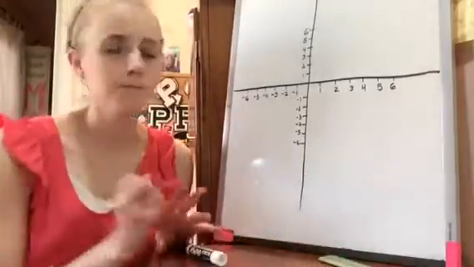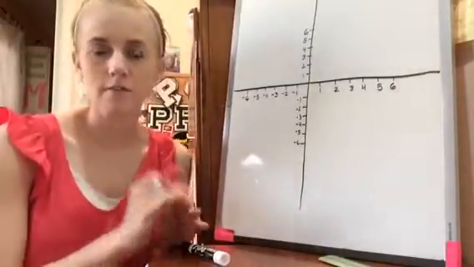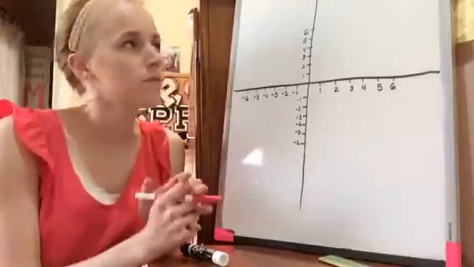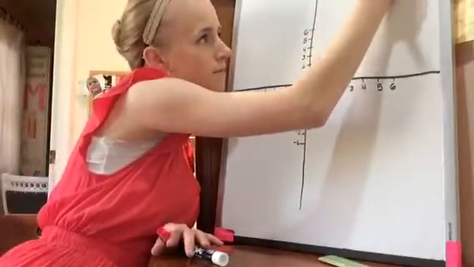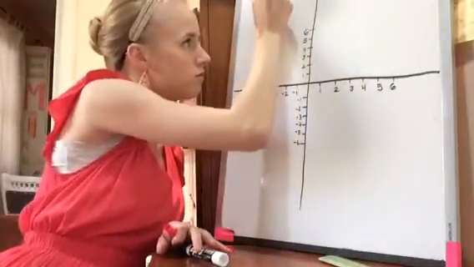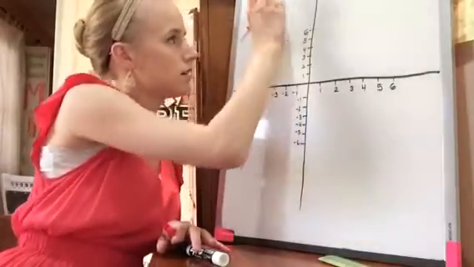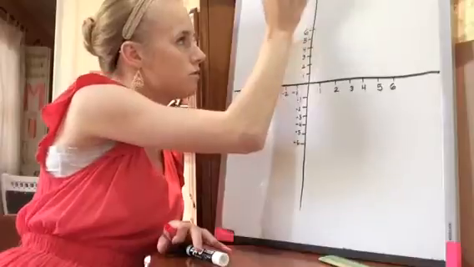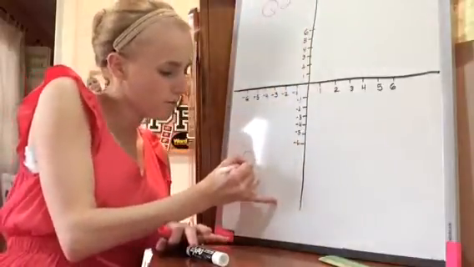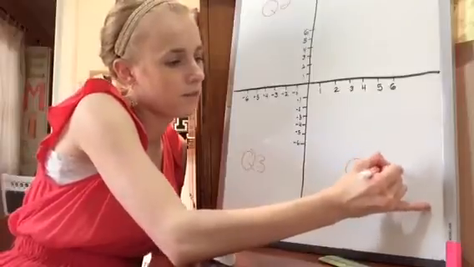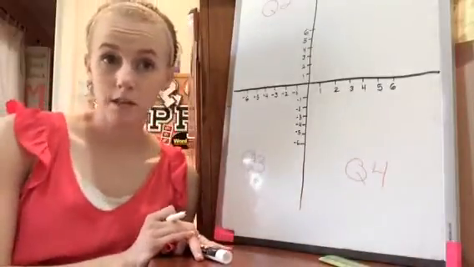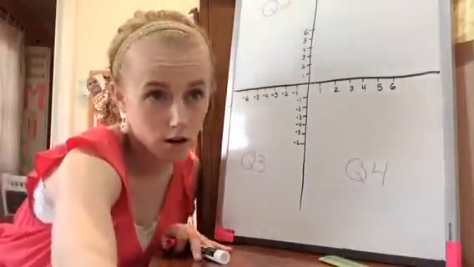So remember, when we were making our graphic organizer foldable, we said that this was Q1, this is Q2, Q3, and Q4. Now, remember, the Q's stand for our quadrant.